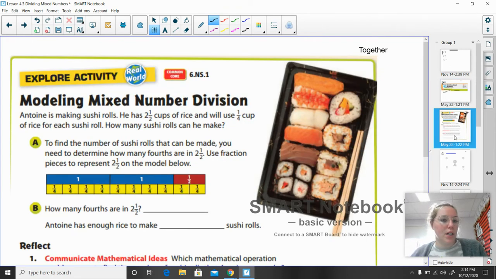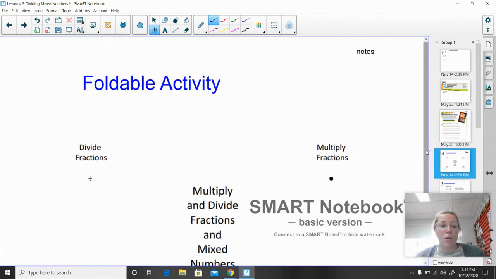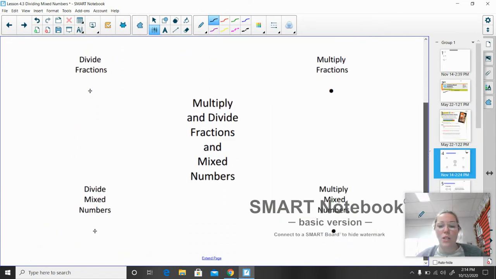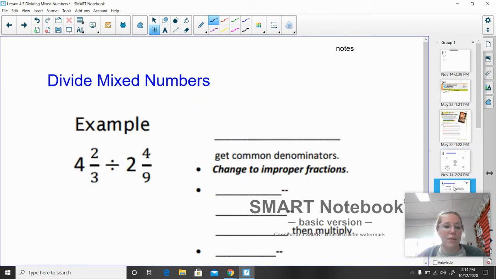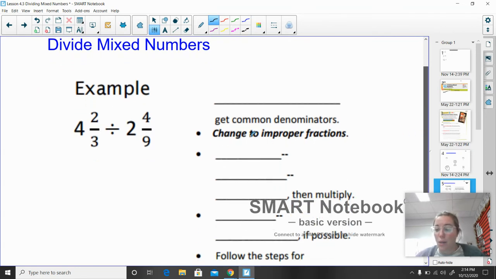First we are going to talk about our foldable. We have just one more section left, which is dividing mixed numbers. We should have already filled out how to multiply fractions, multiply mixed numbers, and divide fractions. Honestly, dividing mixed numbers just adds a little extra step.